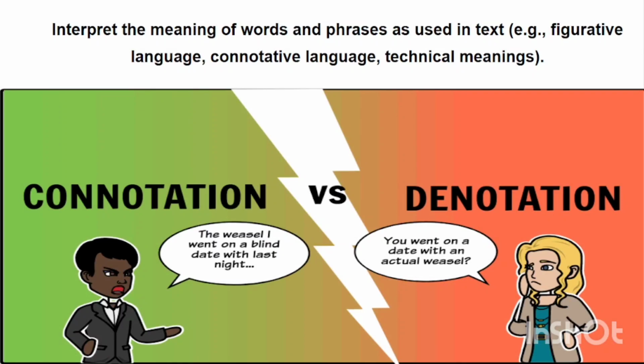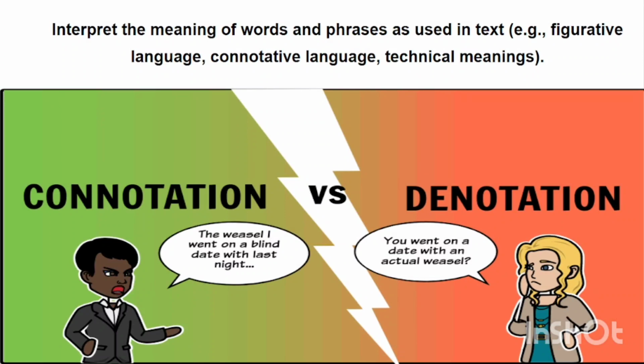So for example, connotation versus denotation. Look over the connotation part. It says, the weasel I went on a blind date with last night. And then the girl said, you went on a date with an actual weasel? So this shows the difference between connotation and denotation. Connotation is how he feels.